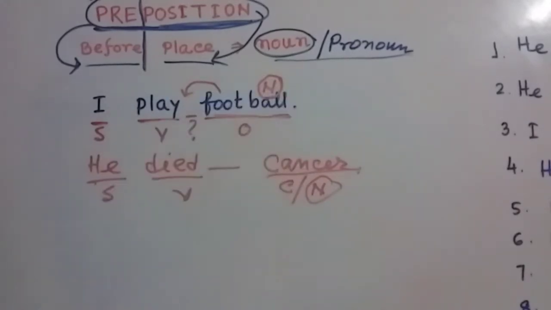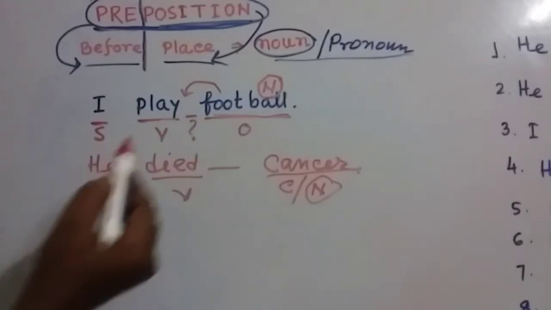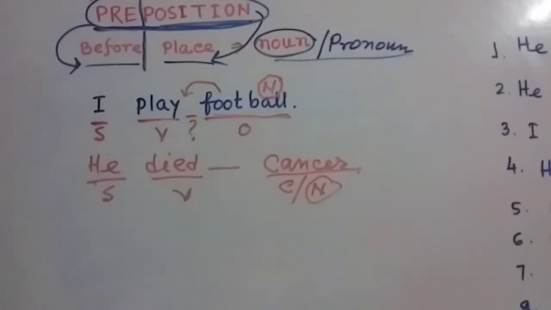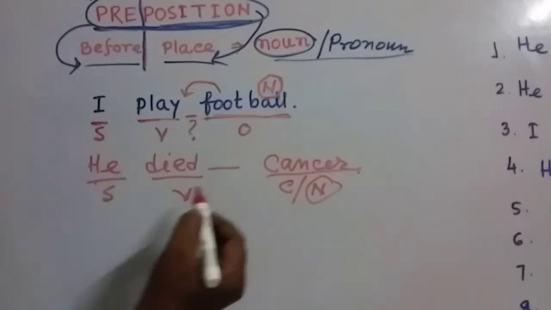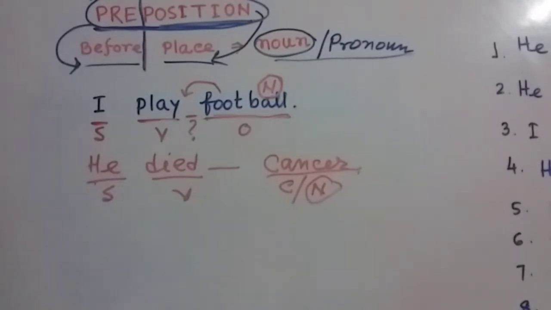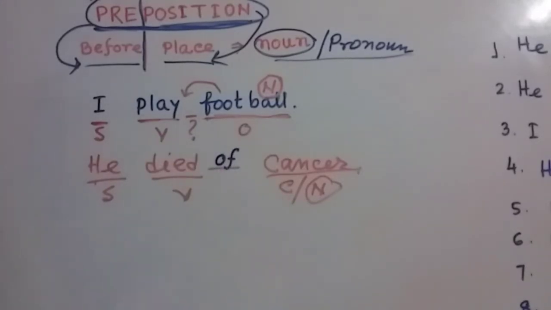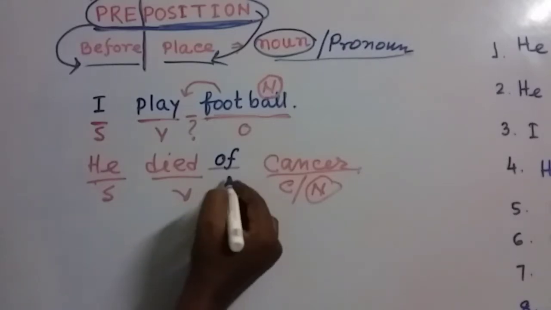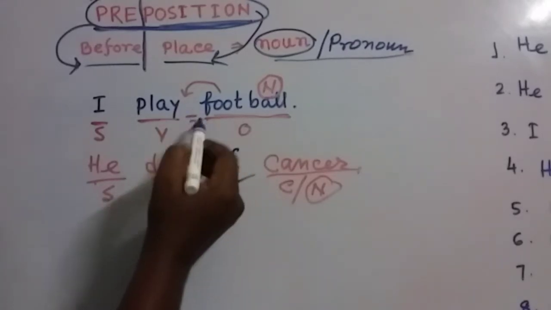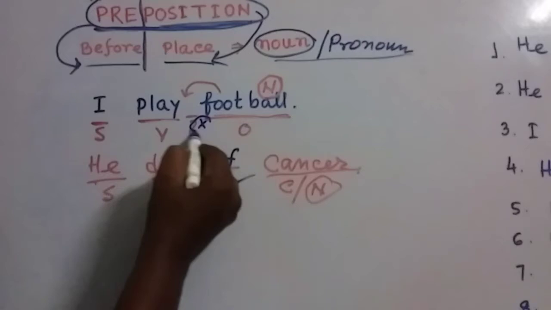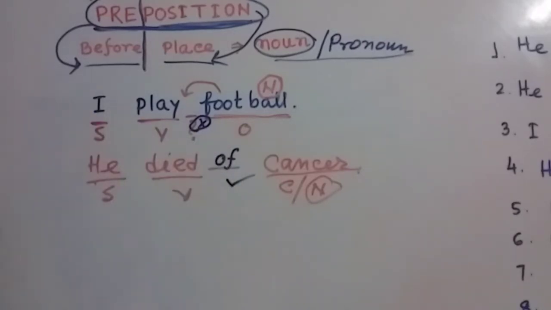I mean to say, in this sentence we are not using any preposition, but in this sentence, my dear friends, obviously we have to use one preposition, that is "of." And the question is why are we using a preposition here but we are not using a preposition in this sentence?